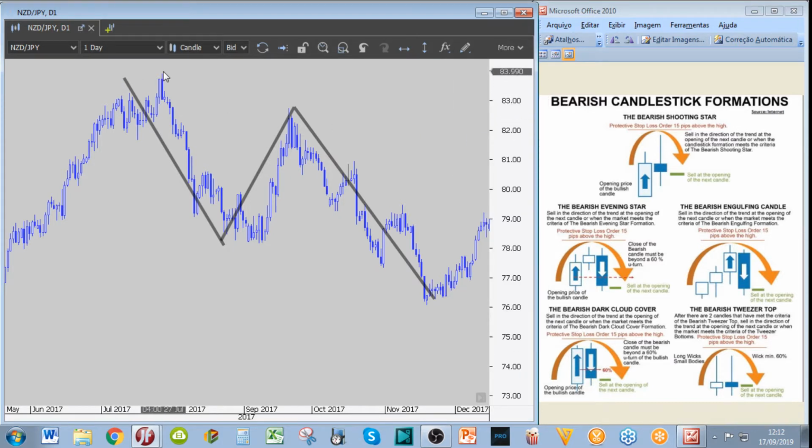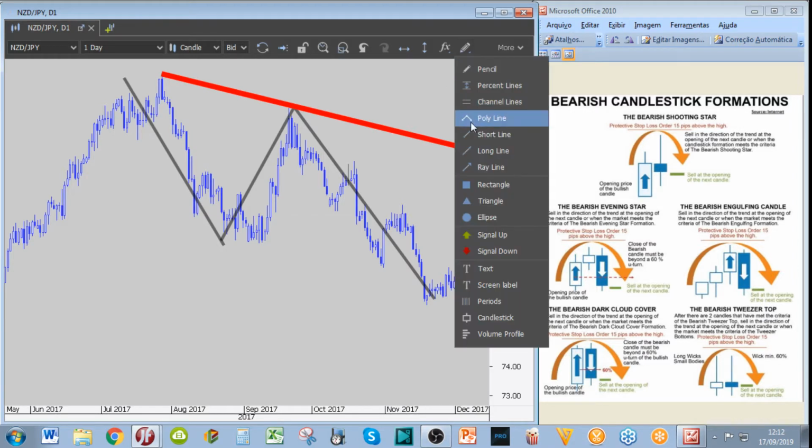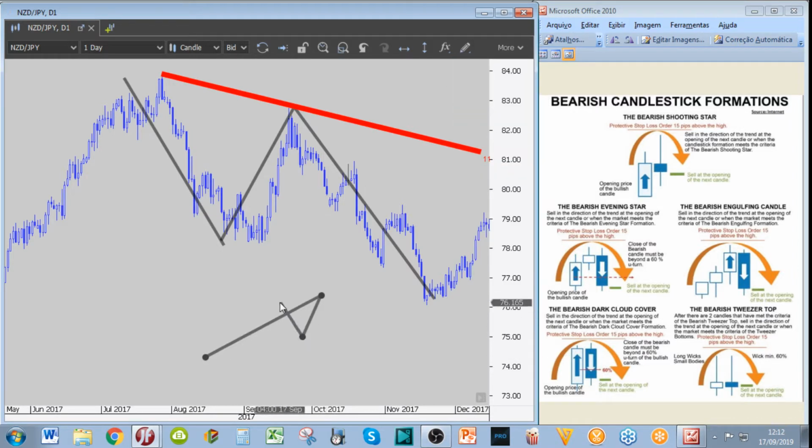This is going to be our downtrend line. Okay, now remember what we are trying to do. We are trying to sell. I cannot move the arrow on the picture, but we are trying to sell bearish candlestick formations in a downtrend when the retracement is over.